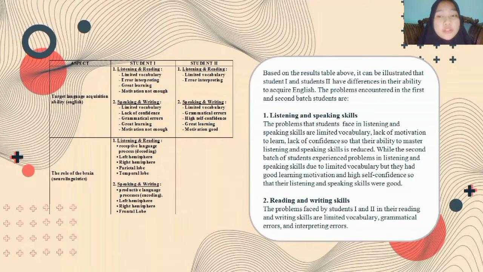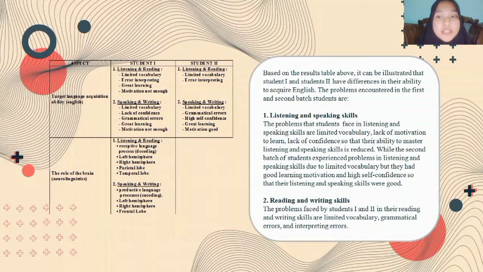Based on the result table above, it can be illustrated that student 1 and student 2 have differences in their ability to acquire English. The problem encountered in the first and second batch. As you can see, the first one is listening and speaking skills.